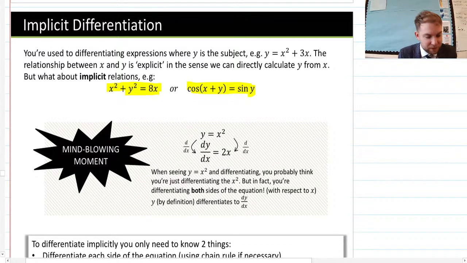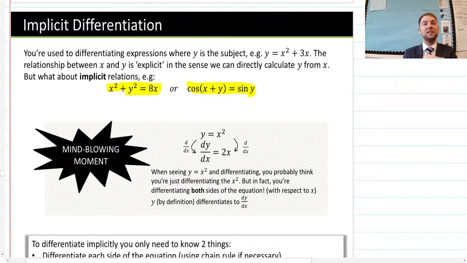So when we look at this one here, we've got a mind-blowing moment. When we see y is equal to x squared and differentiating, you probably think you're differentiating the x squared, but in fact, you're differentiating both sides with respect to x.